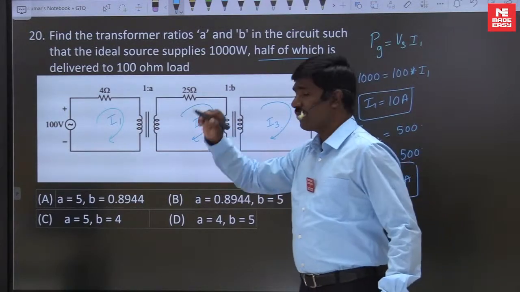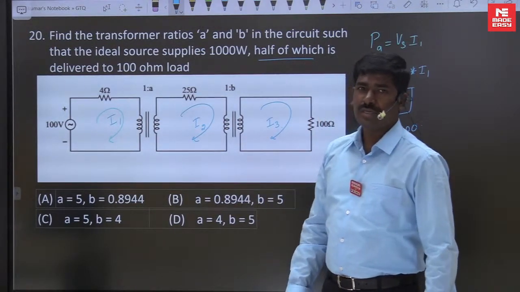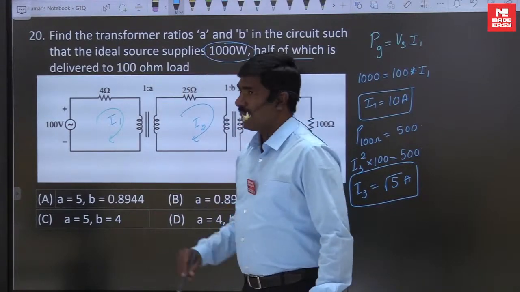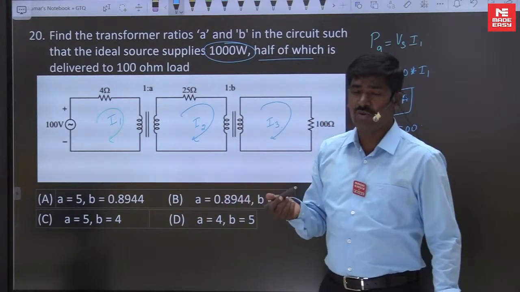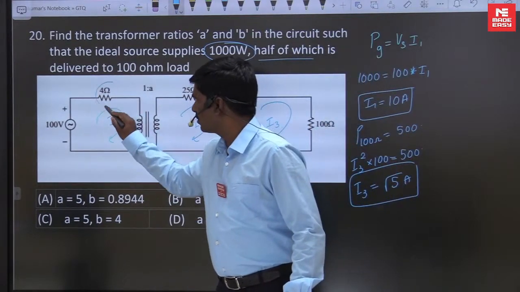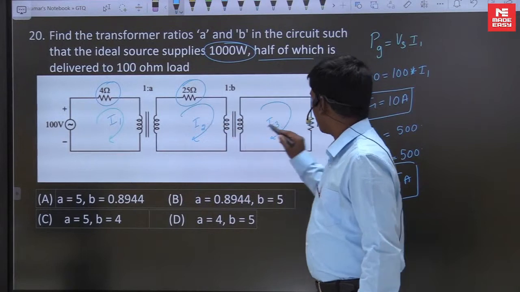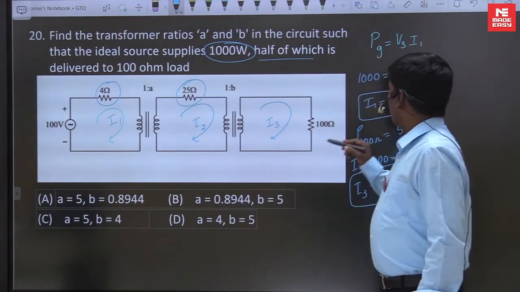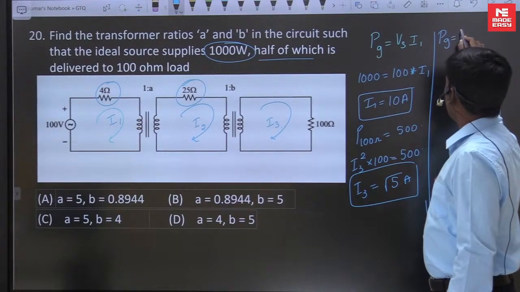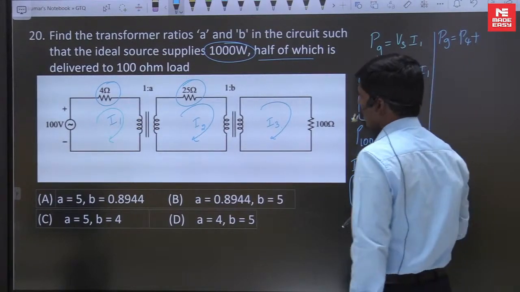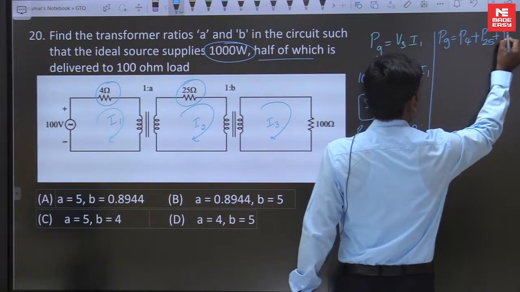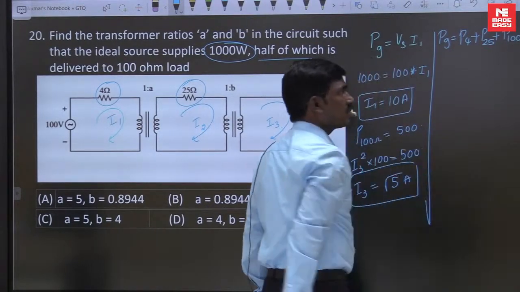Now how do we find I2? For I2, this information is given: power delivered is equal to power consumption. How many elements are consuming power? 4 ohm consumption, 25 ohm consumption, and 100 ohm consumption. So Pg is equal to P4 plus P25 plus P100.